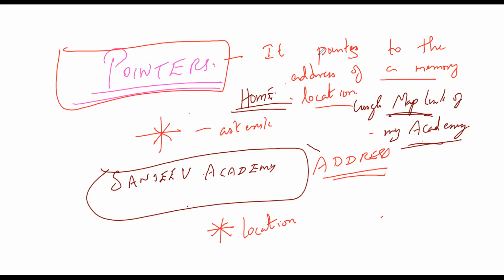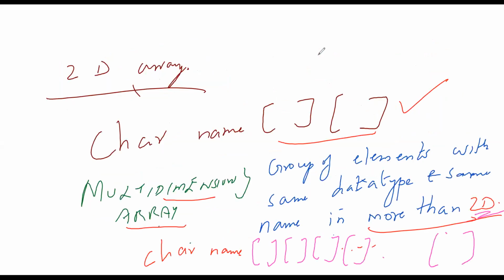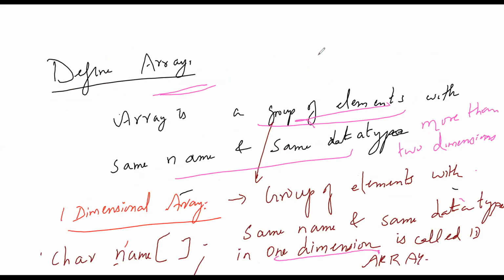So I think before this, you were afraid about pointers. Array is also not that clear, but now you are clear? No doubts? No, sir. So I want you to read the textbook now, the arrays chapter. Got it? Yes.